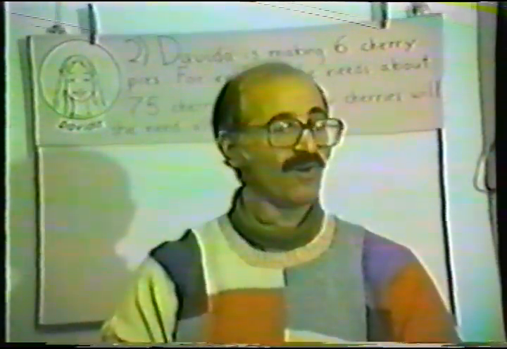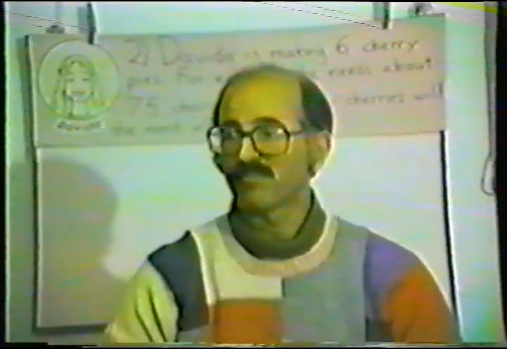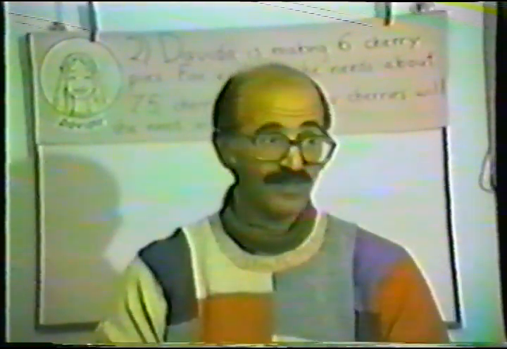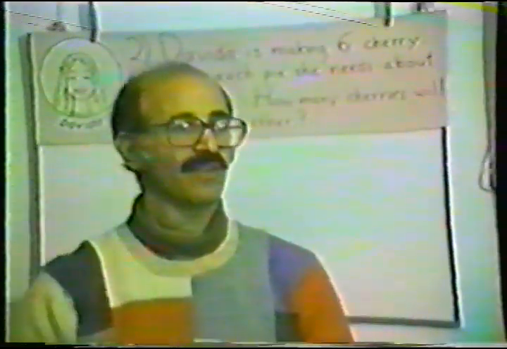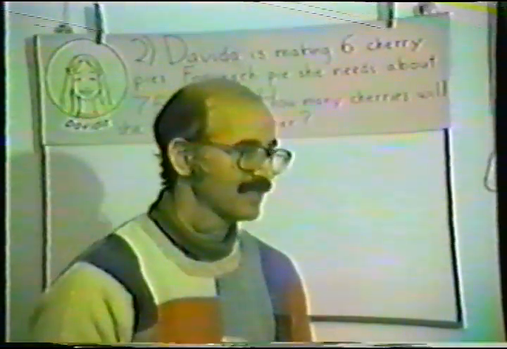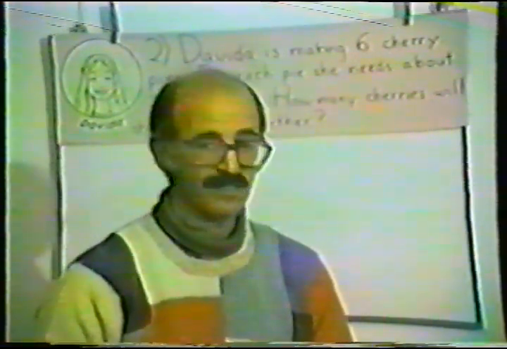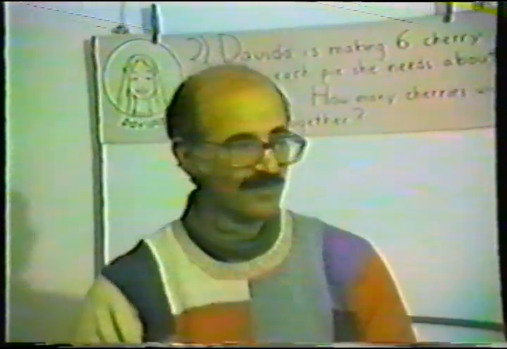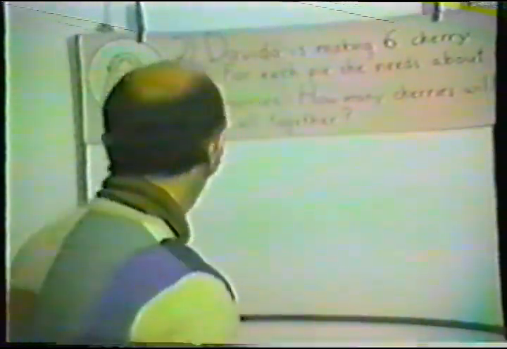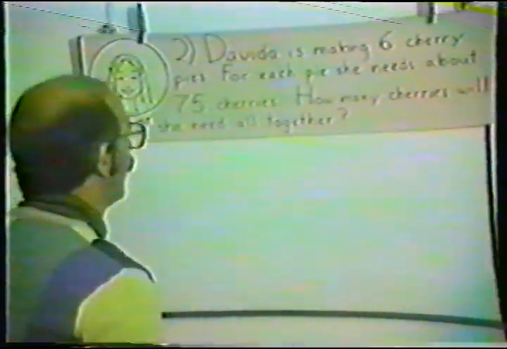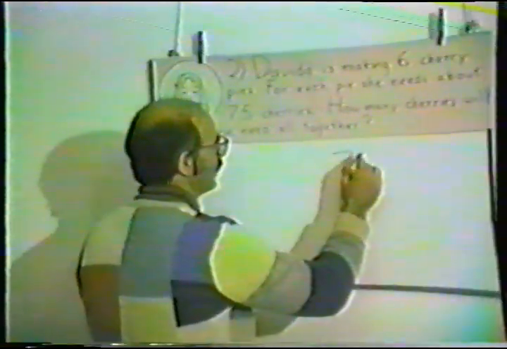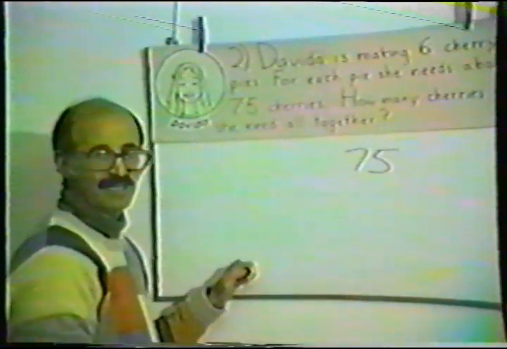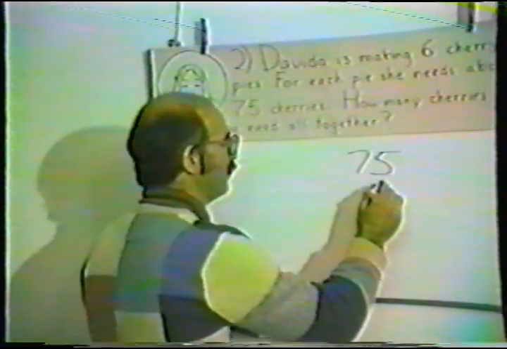She knows already that each pie needs 75 cherries. How many cherries altogether for 6 pies? This is a time that we need to multiply. We have 75 cherries in each of 6 different pies.